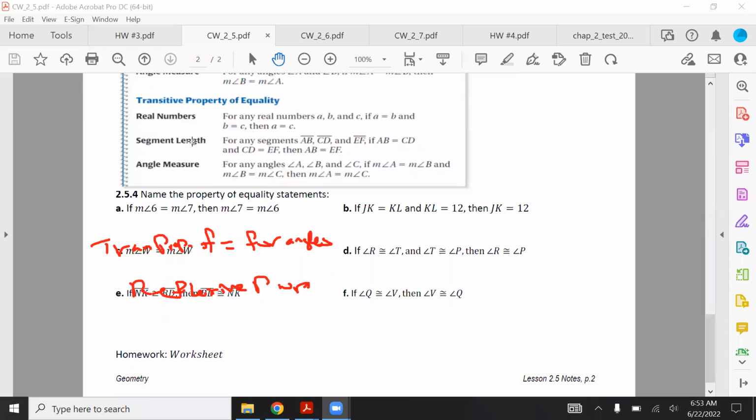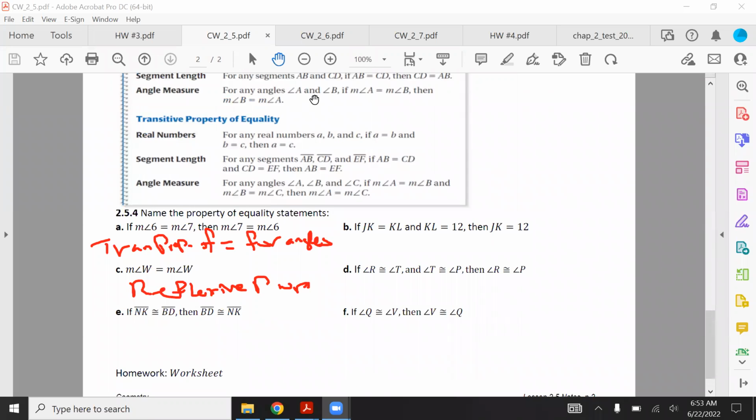And it does get to be a bit redundant to write property of equality, so I'm okay if you just said reflexive for angles. If you look at F here, that's going to be symmetric for angles.